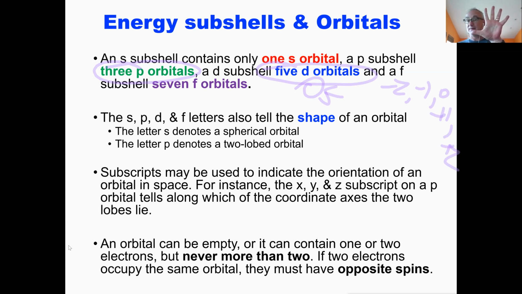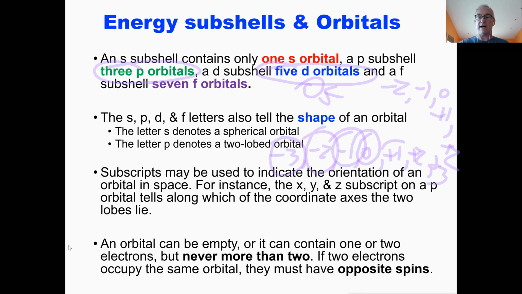That's 5 locations. F equals 3. So if it equals 3, where could the electron be? Well, it can be at minus 3, minus 2, minus 1, 0, plus 1, plus 2, plus 3. That's 1, 2, 3, 4, 5, 6, 7 places where it can be. And so there's 7 orbitals.